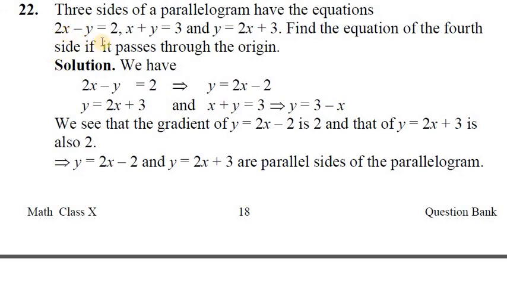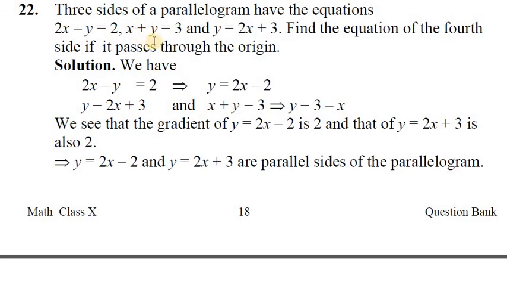The slope of this equation is 2 and the slope of this equation is 2, so these lines are parallel because their slopes are equal. So the first equation and the third equation are parallel, meaning they are opposite sides of the parallelogram. So definitely the fourth one will be parallel to the second one.